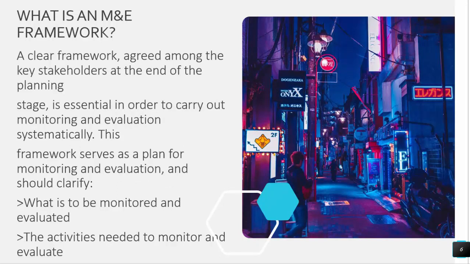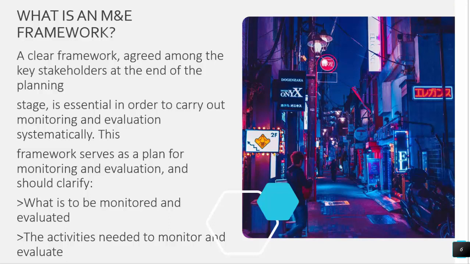Okay, so the M&E framework is a framework. Just understanding the word framework can give you an idea of what we're talking about. It's really a structure that tells you exactly what is to be monitored, what is to be evaluated, what activities need to be monitored, and what activities need to be evaluated, in a systematic order.